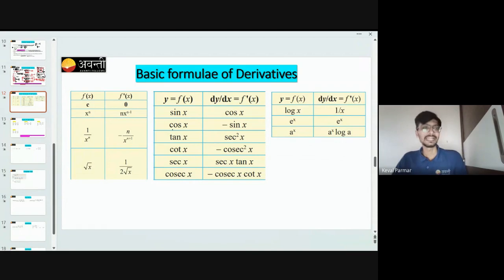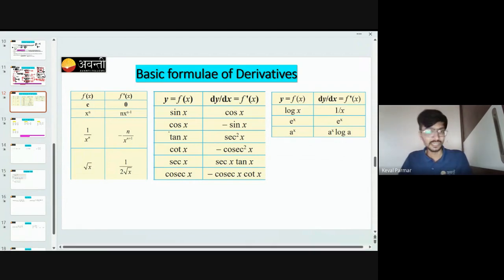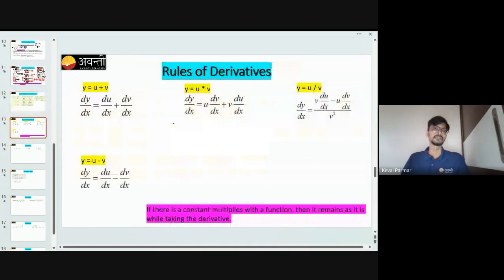So for the LH rule, we will need the formulas of derivatives, and the rules of derivatives like addition, subtraction, the UV rule, U upon V rule. Do you know u into v and u upon v rules of derivatives along with the formulas?